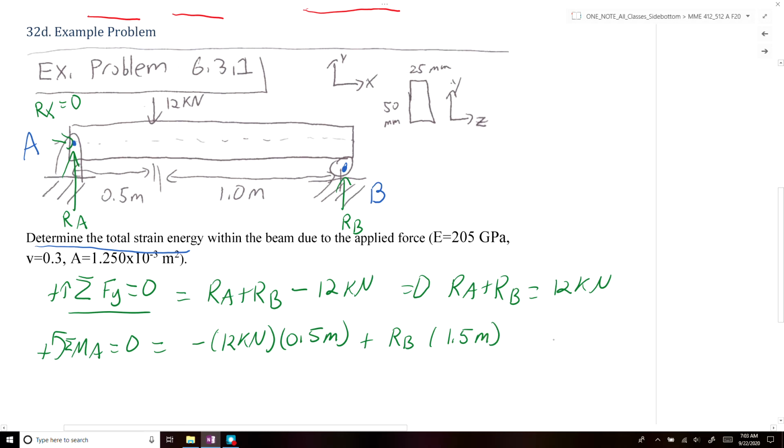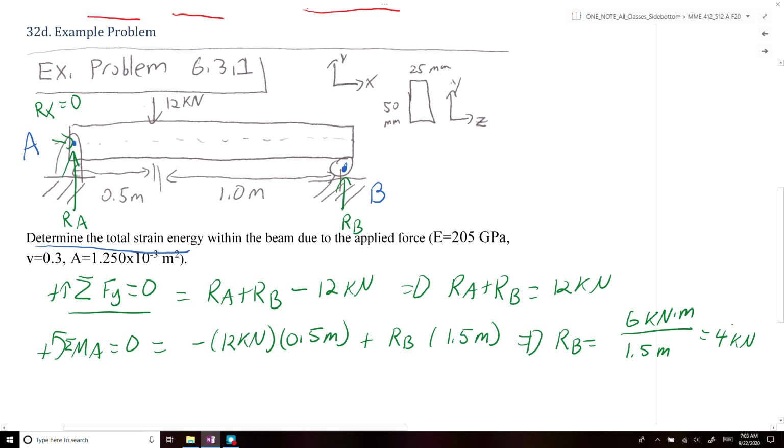If we rearrange these terms, RB is equal to 12 kilonewtons times 0.5 meters, which is 6 kilonewton meters, divided by 1.5 meters. So RB is equal to 4 kilonewtons.